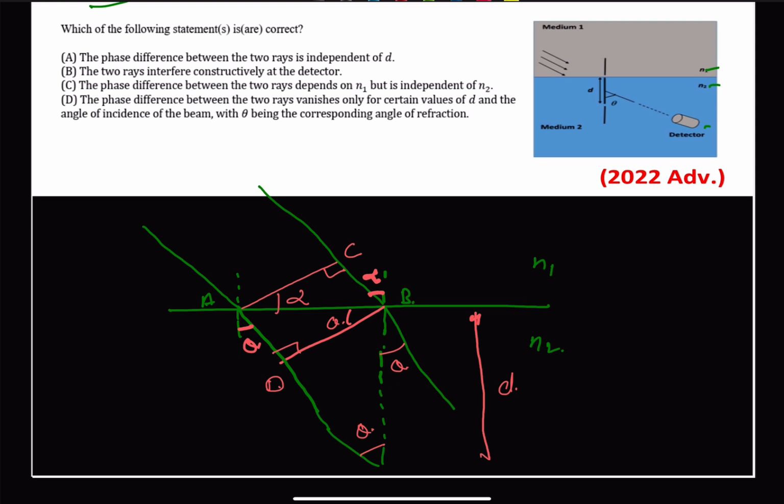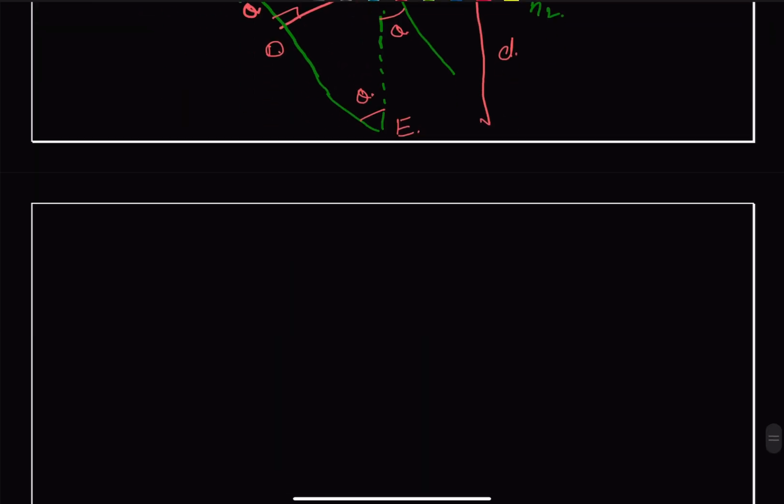So let us call this point E. We can say that tangent of theta will be equal to AB divided by d, and this gives us that AB will be equal to d tangent of theta.